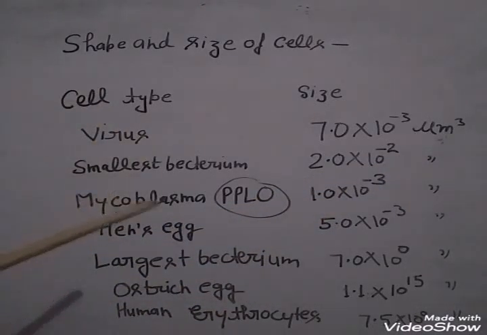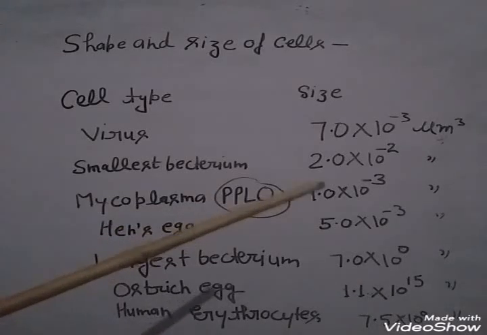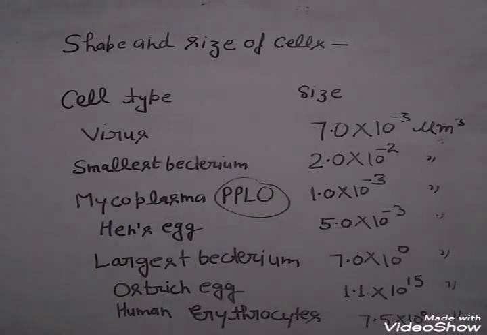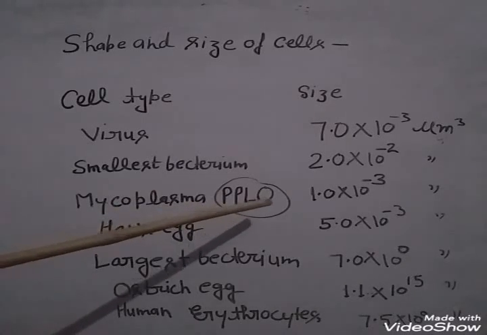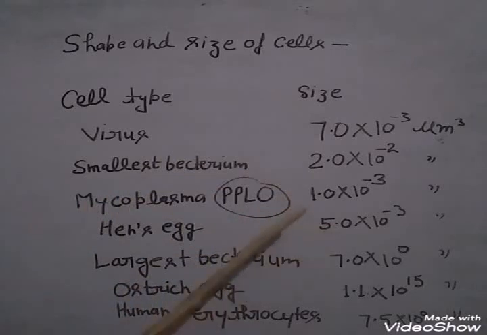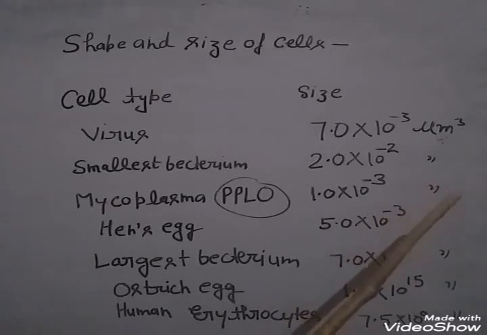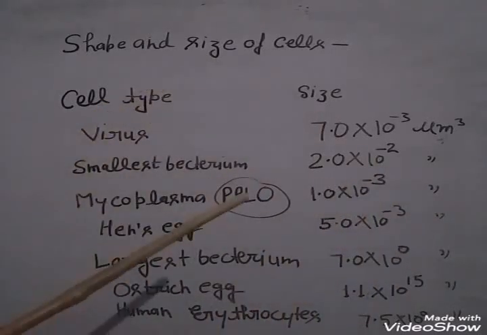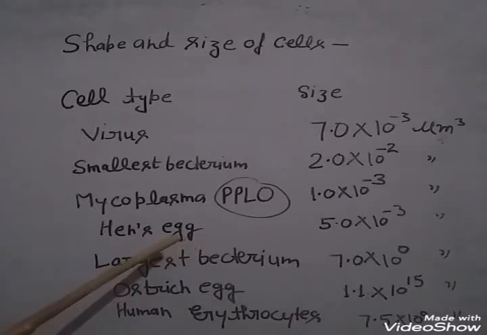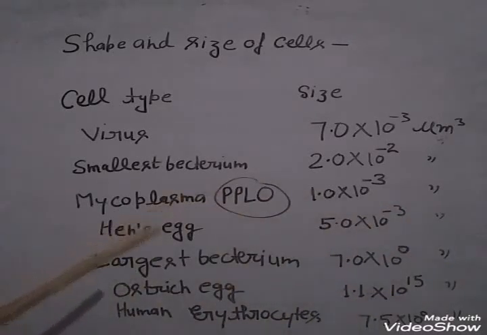Third is the mycoplasma, PPLO, short form of pleuropneumonia-like organism, whose size is 1 into 10 to the power minus 3 micron meter cube, and then the hen's egg. The size of the hen's egg is 5 into 10 to the power minus 3 micron meter cube.